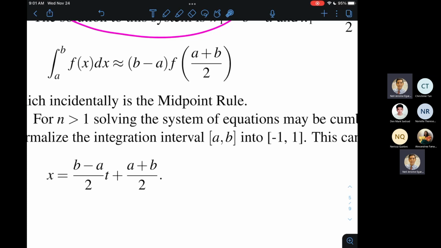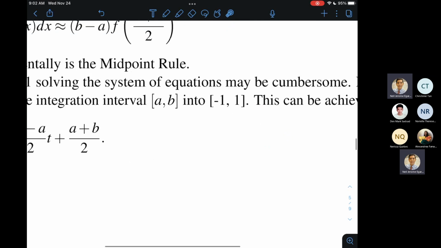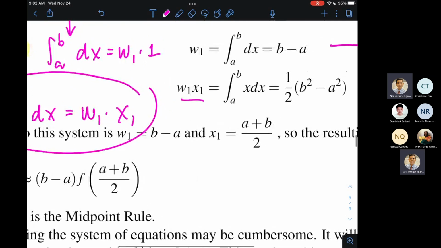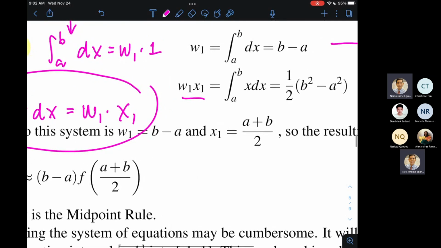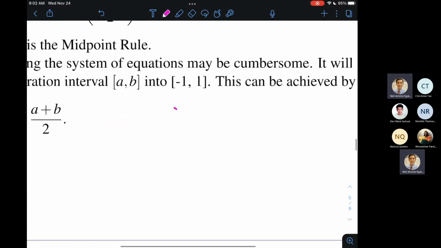All right. Pero we can further simplify the process by normalizing the integration interval AB into the interval -1 to 1. Kasi mapapansin nyo, ang ginagawa lang natin yung right-hand side nung equations natin. Actually, dun sa nonlinear system, yung isang side niya ay laging integral ng mga x to the power n. Alright? Supposedly over the interval AB.